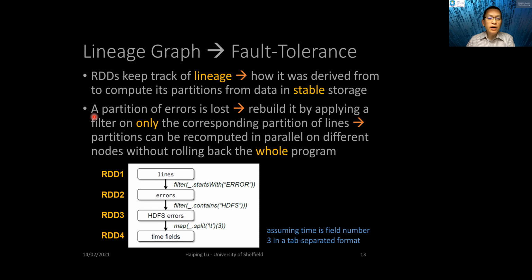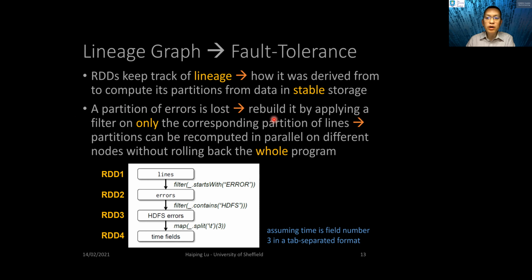In the case that a partition of the errors is lost, as in this example where the RDD is the errors, the program will rebuild it.